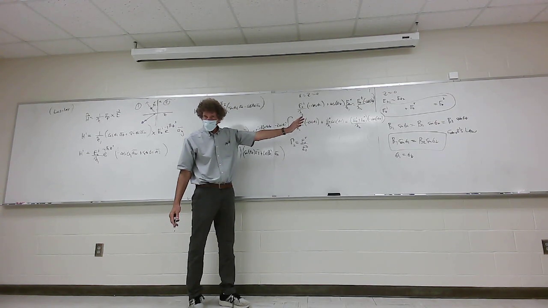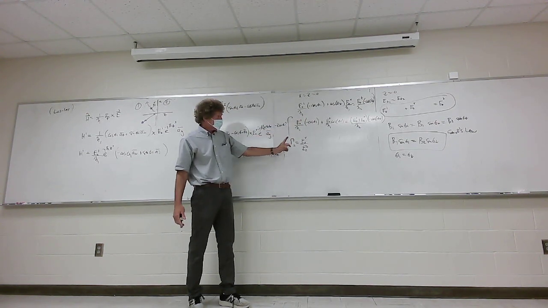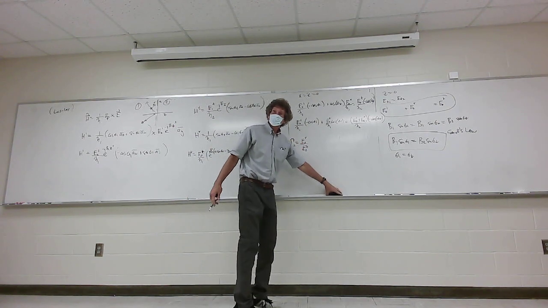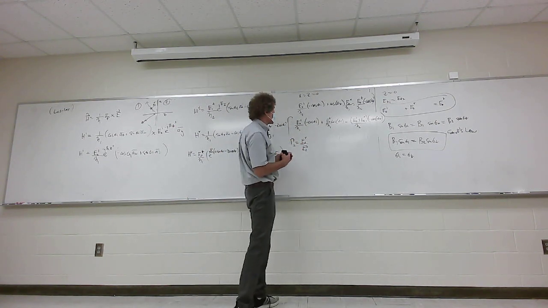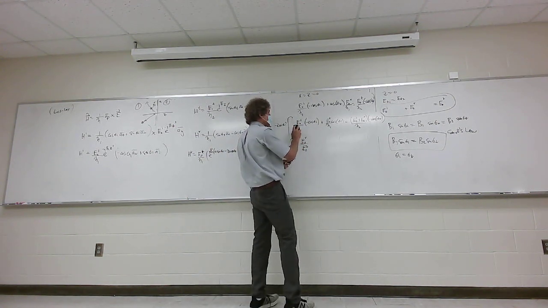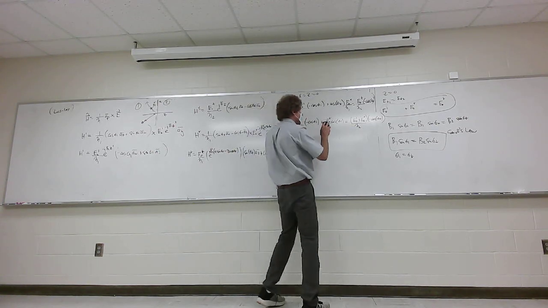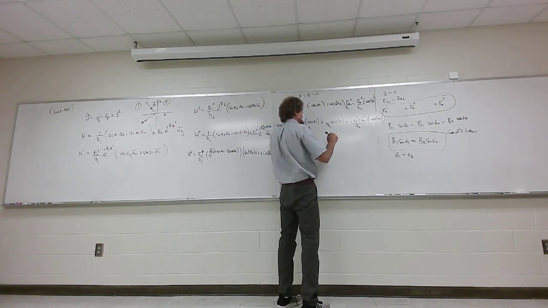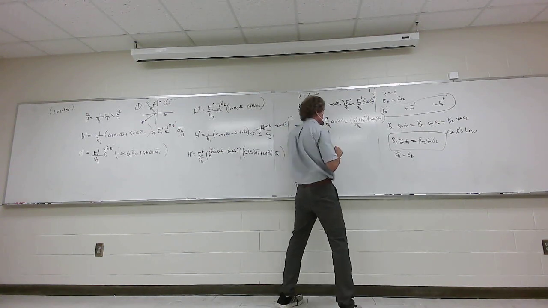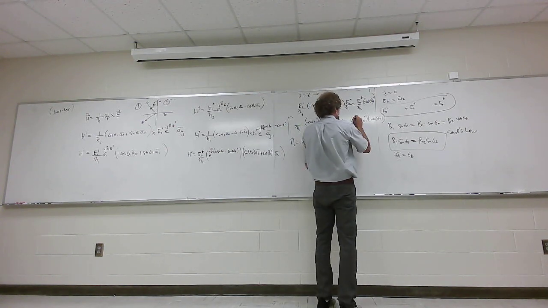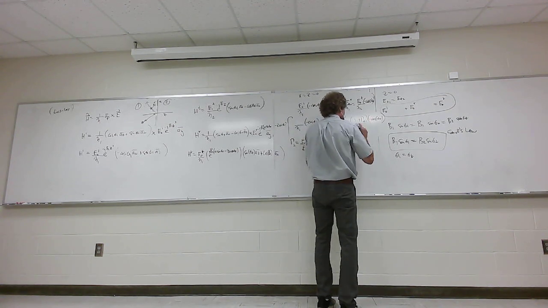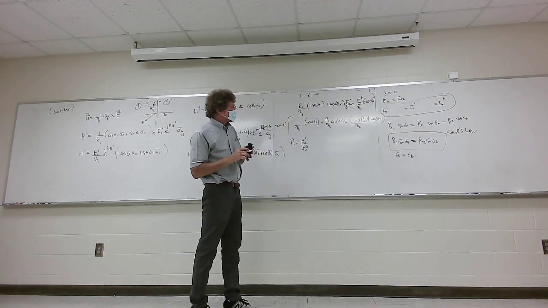Just understand and appreciate what I'm doing. This is what I'm after. I have one equation with two unknowns. I'm looking for the ratio of two things. So if I divide this thing by E naught incident, then this becomes the reflection coefficient. This is 1, and this becomes the reflection coefficient. Right? And then I solve for that reflection coefficient.